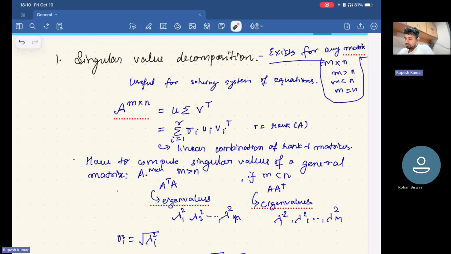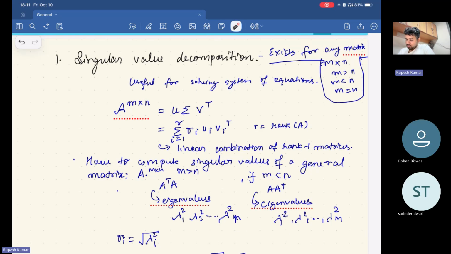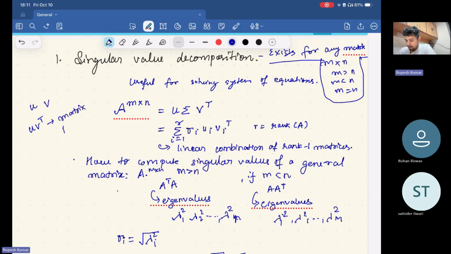The coefficients for the linear combination are given by the singular values, sigma i, that you can see here, and the matrices are given as u_i times v_i transpose. And we all know that if you have a vector u and a vector v, then u v transpose forms a matrix which has rank 1, right? This is very well known to everyone, right?